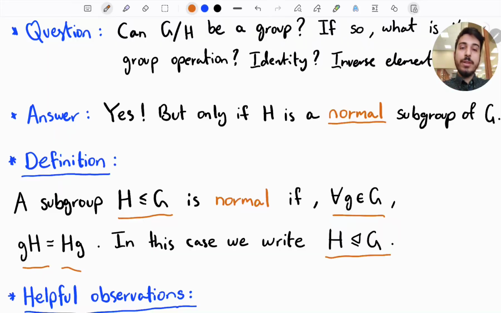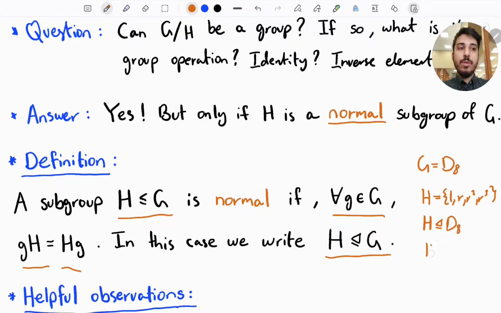Can you now remember the example where we said that if H in the dihedral group D8 is generated by the rotation R, then we have that for all of the elements in D8, the left and right cosets are equal. So H is a normal subgroup of D8.